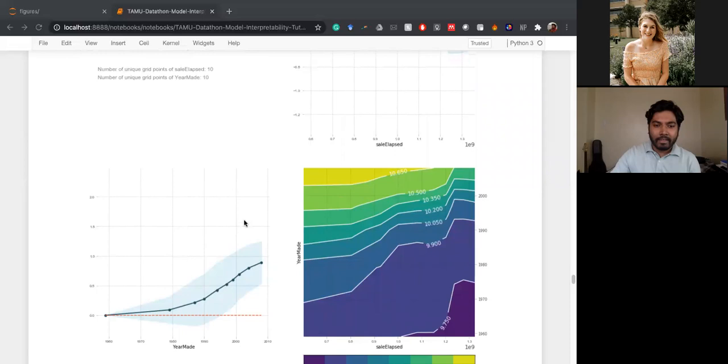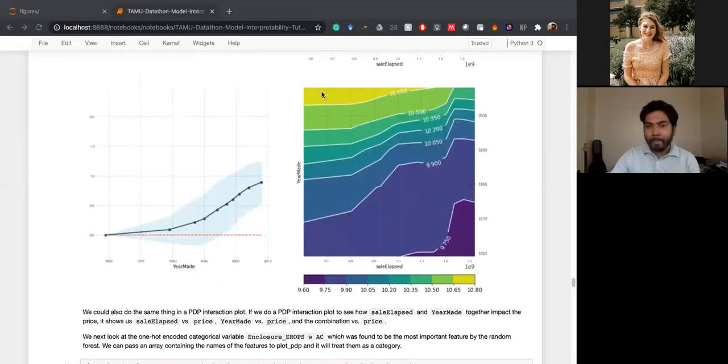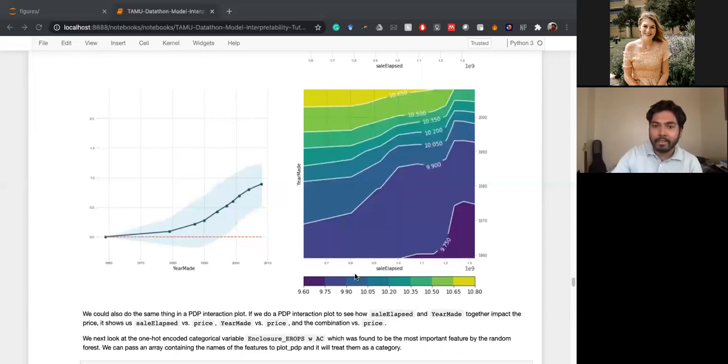And now you get a very interesting plot of sale elapsed and year made with respect to the price. We would expect that the more recent equipment has the highest price, and these fluorescent values show that indeed these items have the highest price.